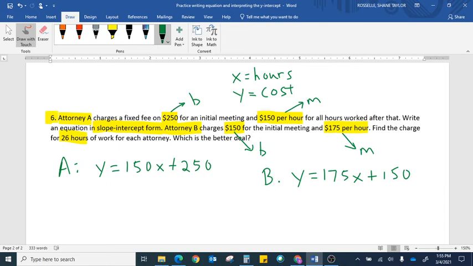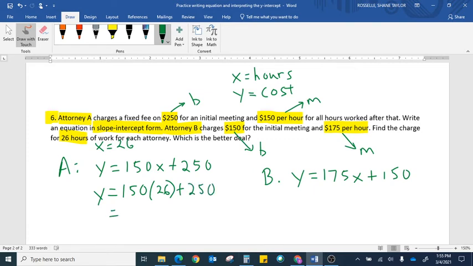Okay? So we know that it's 26 hours, so therefore we need to know that x is going to equal 26. So we're going to plug it in, and we're going to say y equals 150 times 26 plus 250.